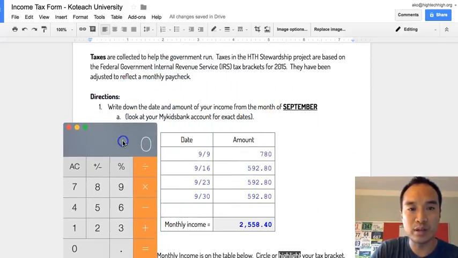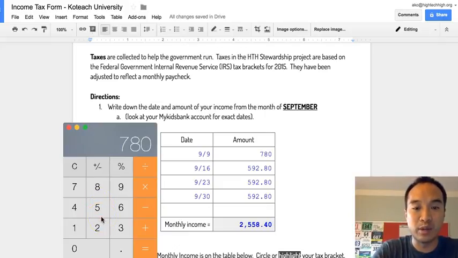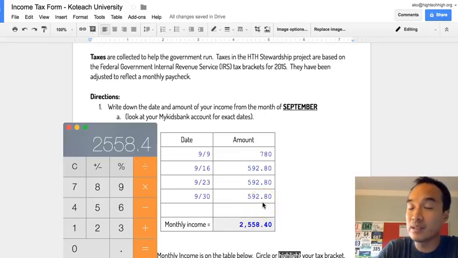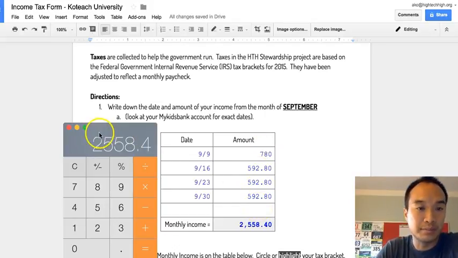Student A wrote down these four incomes, and the tax person is simply going to add them up and verify that this person in fact added correctly. Now, the tax person does not verify where these numbers came from. The tax person is only responsible for making sure they calculated their taxes correctly.